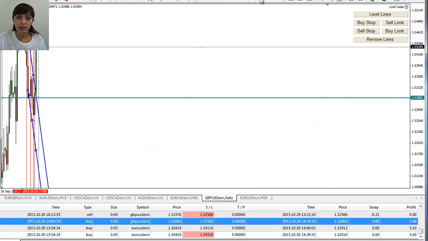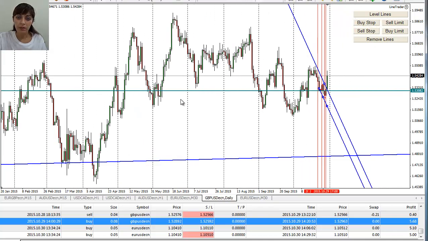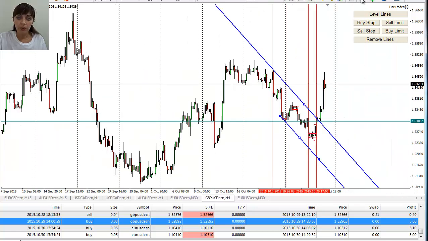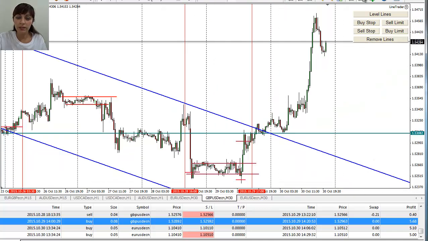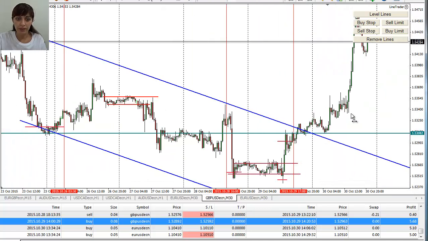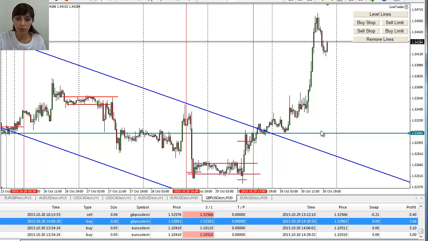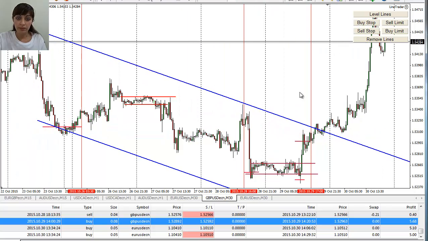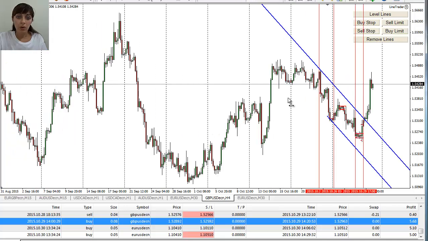So I had some kind of points to look at this area. This is, let's say, the safest mode of trading. I call it my safe mode of trading. And that's how I worked on the pound.